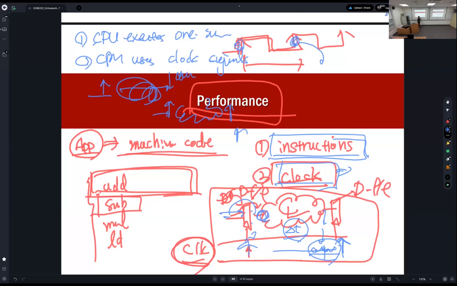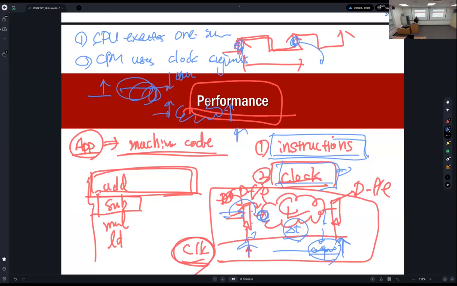In chapter 4, we will learn about the detailed architecture of the CPU, and then you will know that this is not actually true. But for now you can understand that the CPU works like this.